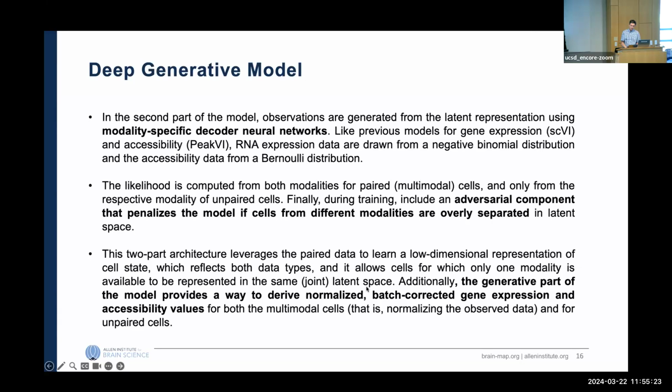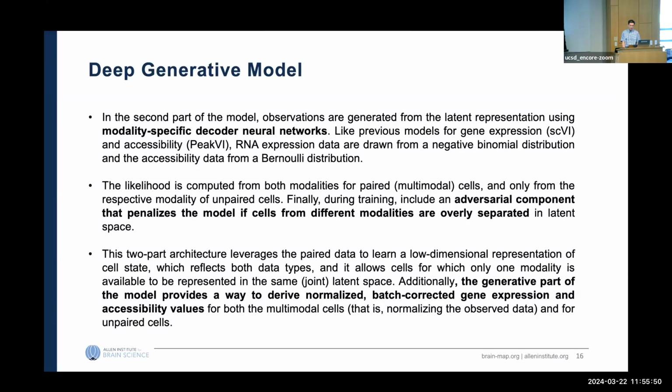When we talk about batch corrected here, they're basically referring to different vagaries that may happen because of differences in sampling protocols, and unavailability of data across the two different types. And again, this adversarial term penalizes if things are too distinct, very similar to what the Uyghur and his group did.